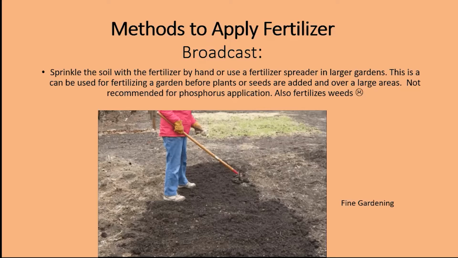You do this before you have any seeds going in the ground. One thing to remember, though, is there are already some seeds there, and those are probably weed seeds. So when you're putting the fertilizer in, they're going to enjoy that as well and benefit. It's not a good way to put phosphorus in, because phosphorus is immobile and does not generally move around in the soil. So the broadcast method isn't very effective.